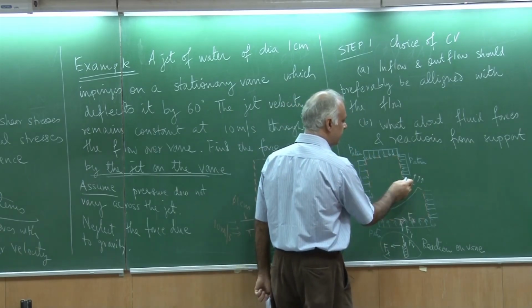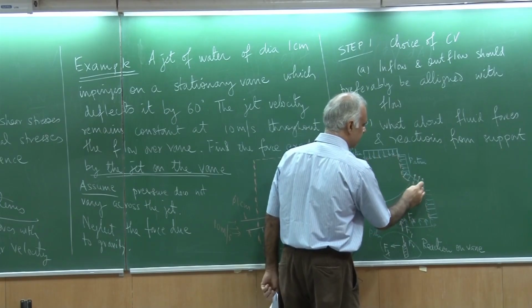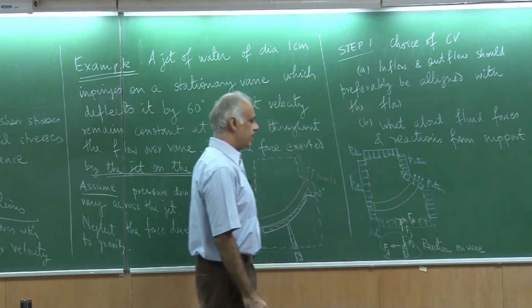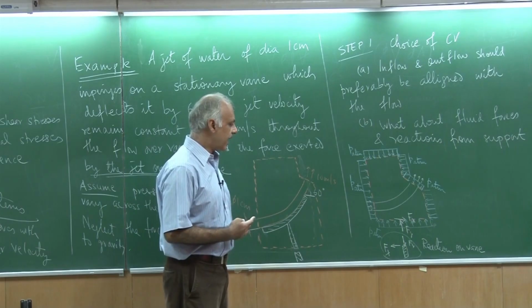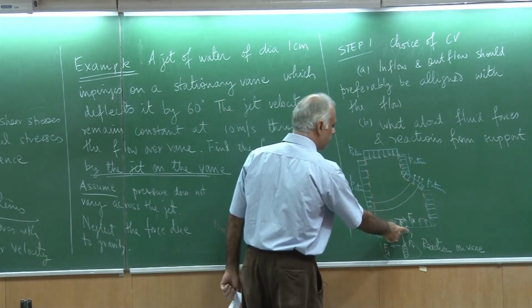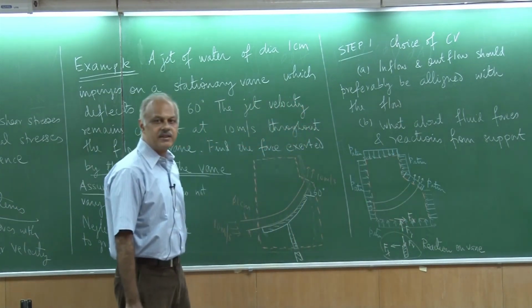And I come to this surface now, likewise there would be an atmospheric pressure here. So you will notice that there are two kinds of forces that act on this control volume. One is because of the support Fx and Fy, and then there is an atmospheric pressure everywhere.